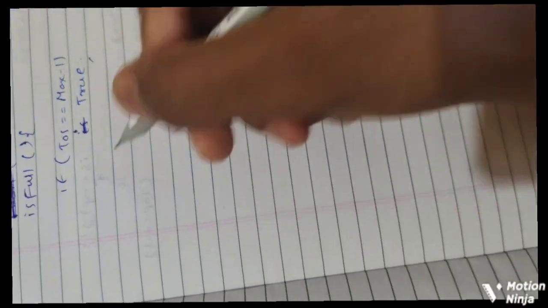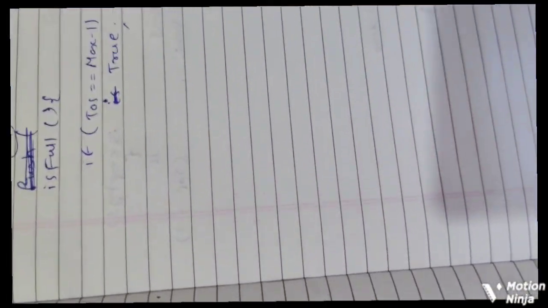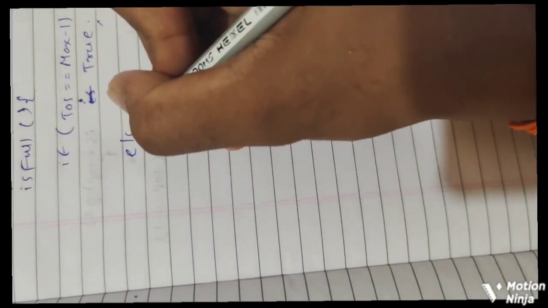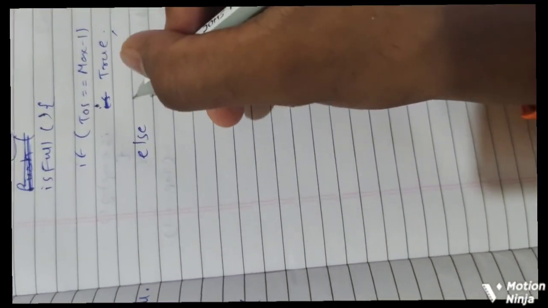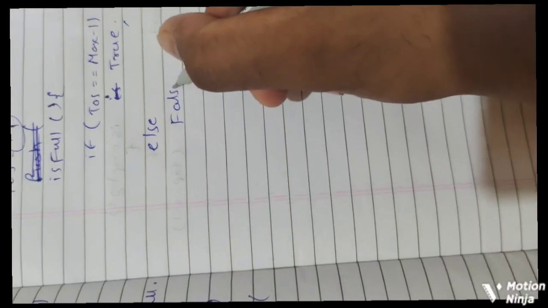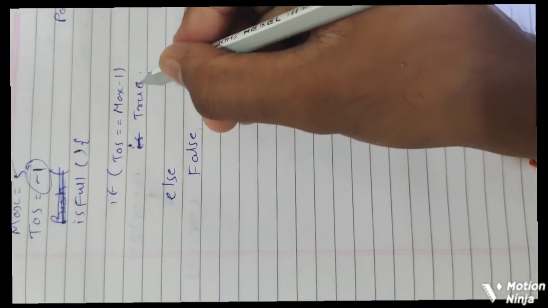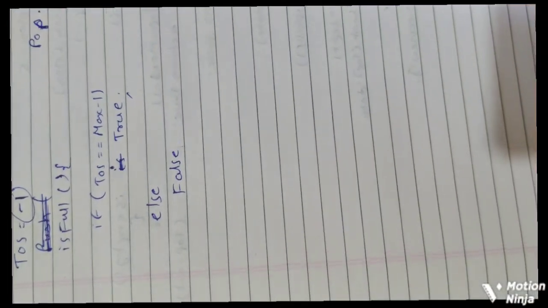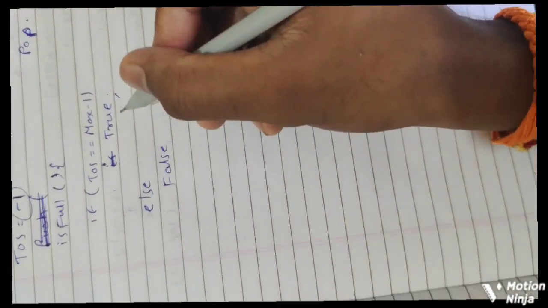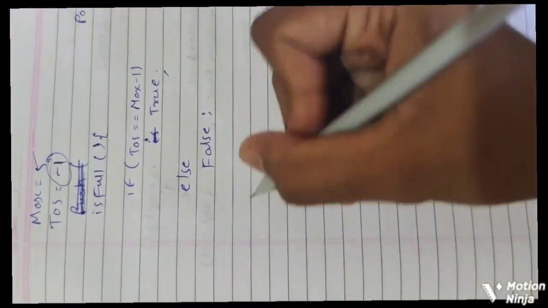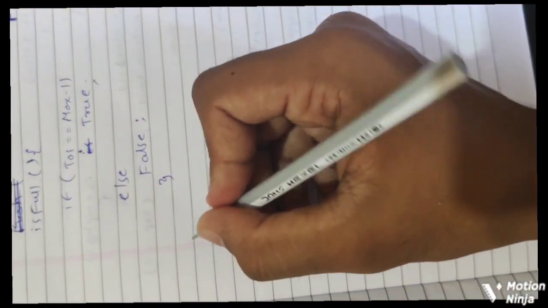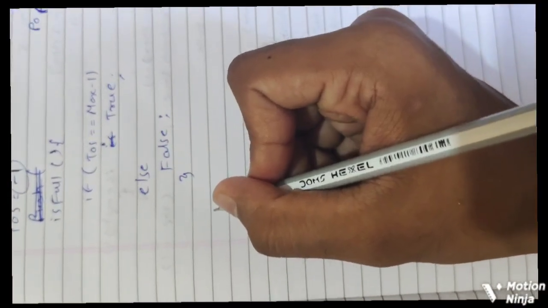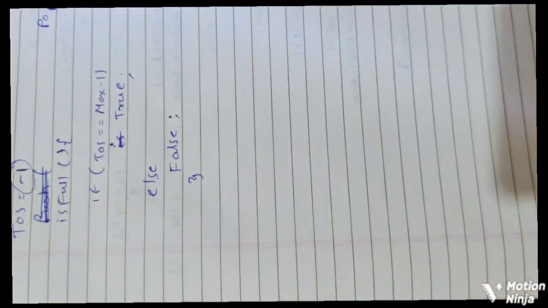Else, if TOS is not equal to max -1, the condition will be false. So basically, if TOS is at any position other than max -1, the stack is not full, and we can move forward with the procedure. So this is the full function, and now let's move forward.